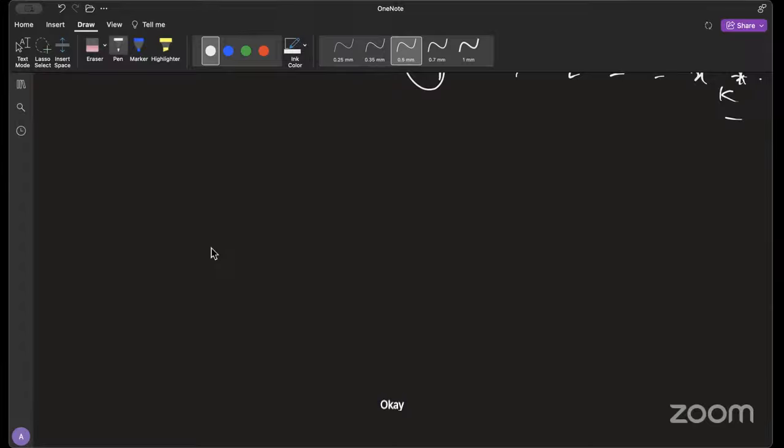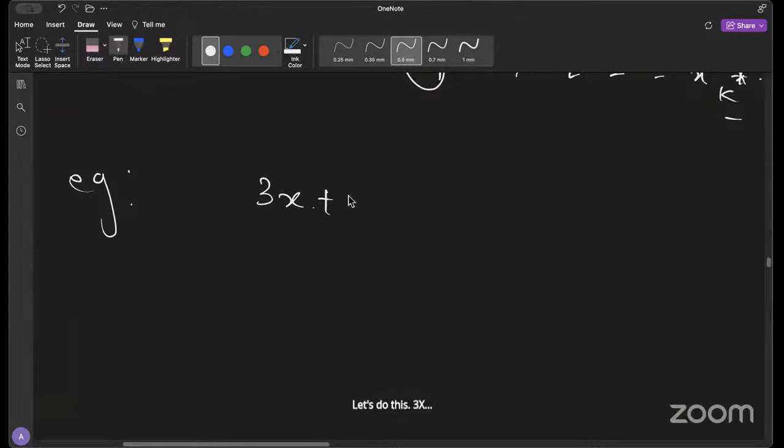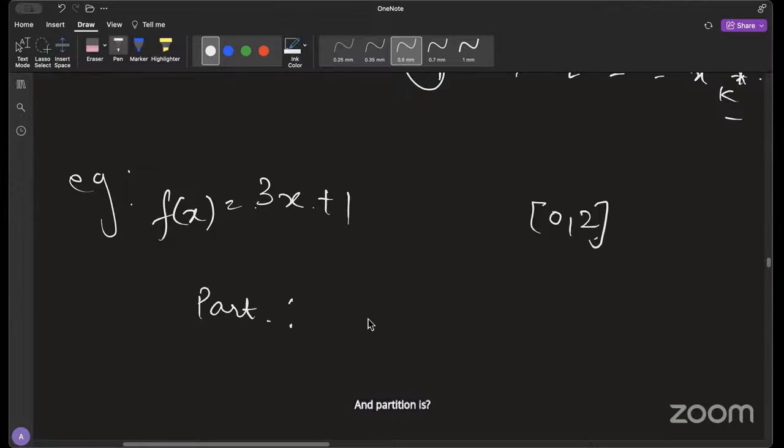Okay, so let's do this example. Let's do this: 3x plus 1. Let's say this is your function. And let's say your interval is 0 to 2. And partition is 0, 2 by n.